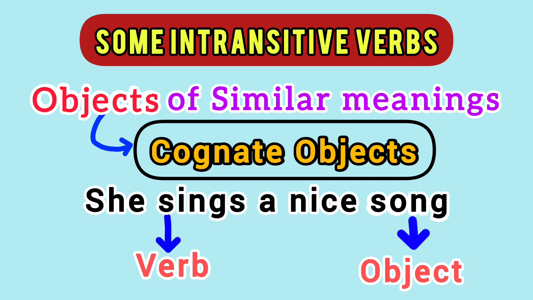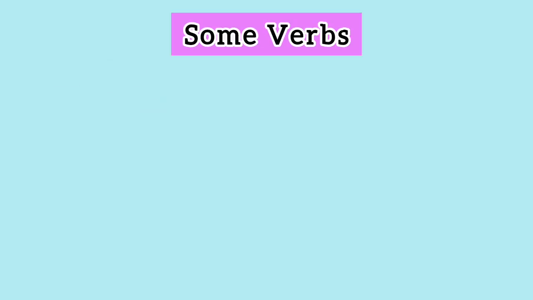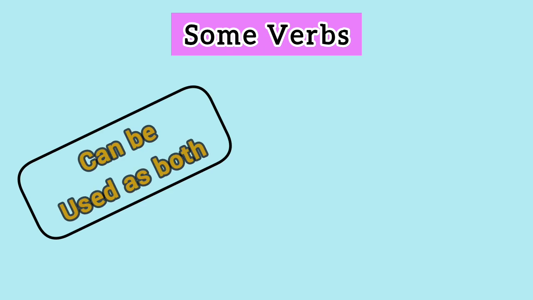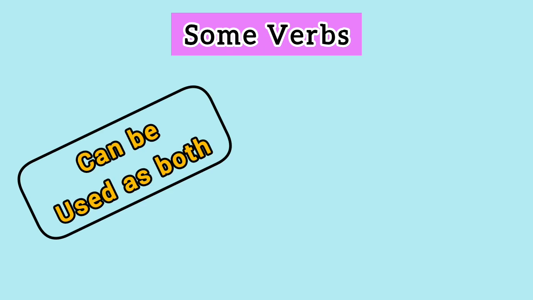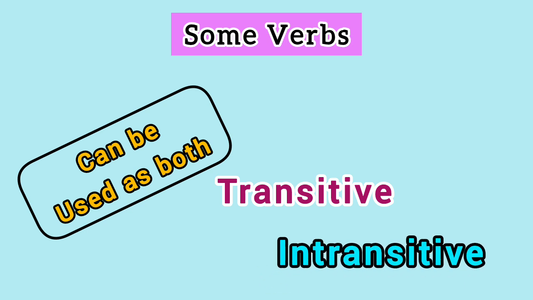Next point to remember about transitive and intransitive verbs: some verbs can be used in both the transitive and intransitive senses. So let's take an example to understand how a verb can be used as a transitive or as an intransitive verb.